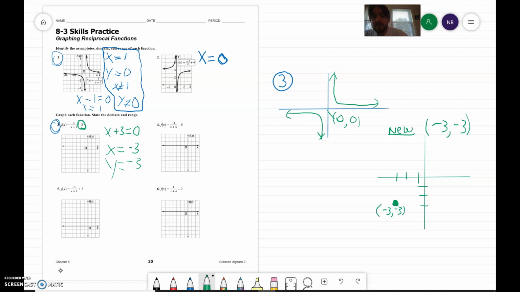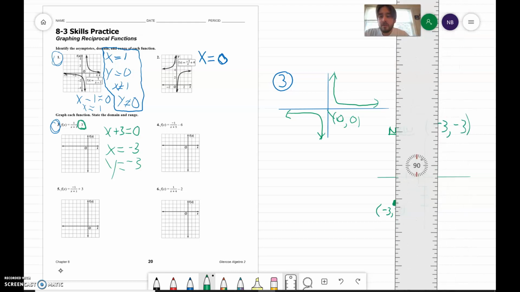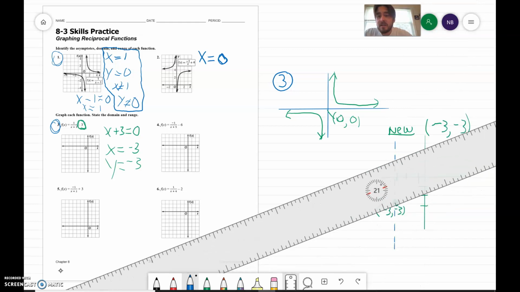All right, and then we're going to put our new graph, and I'm going to change colors here so you can see this to blue, and I'm going to go down first for my y-axis, and then I need to plot my x-axis.